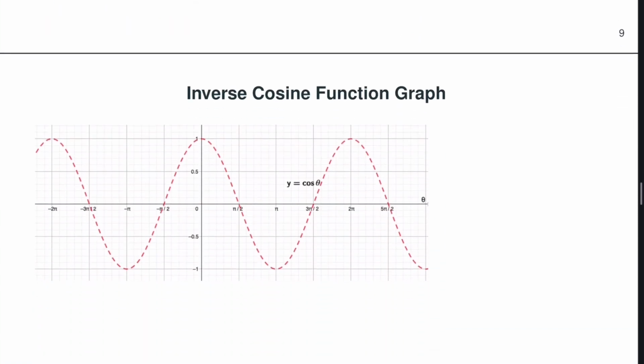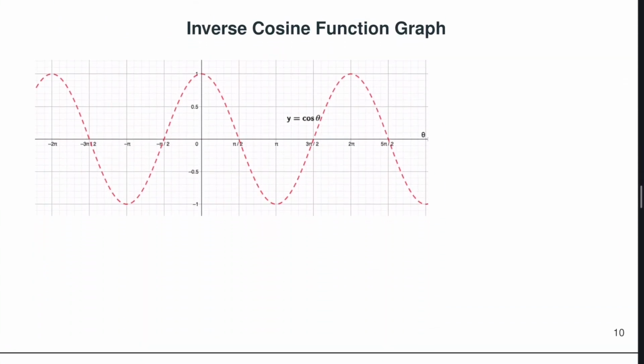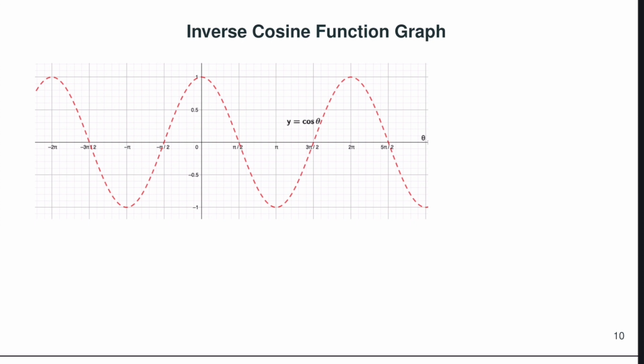This is the very same concept as arcsine. For arccosine, this is the cosine graph. It looks very similar to the sine graph, but it has a y-intercept at 1. Again, the input is the angle and the output is the cosine value. But because it's not a one-to-one function, we need to look at only one section of the graph.